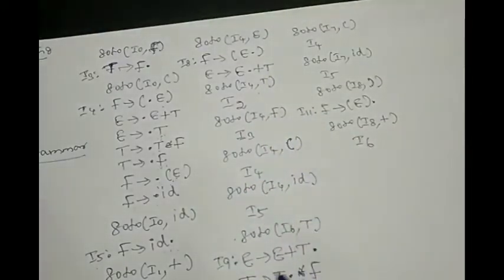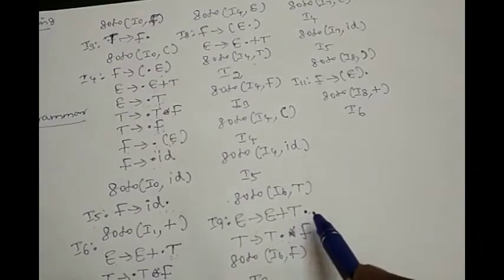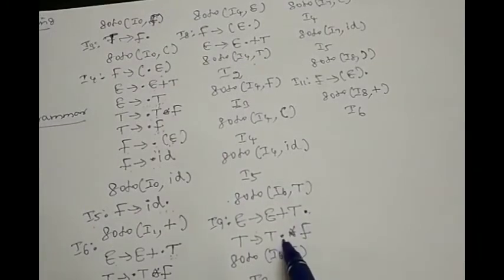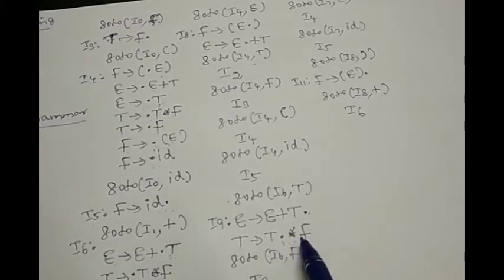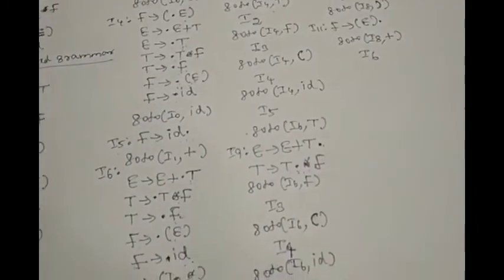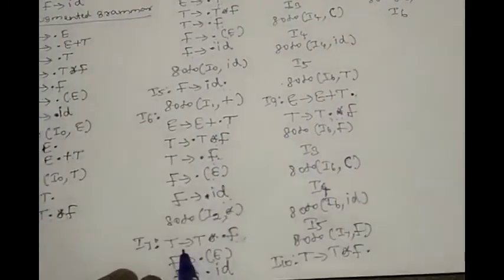Then we come to I9. In I9, the dot is already at the end for one production, so no need to do it. And when you take this star here, the dot will be before F, and you will get the same production which is available in I7.